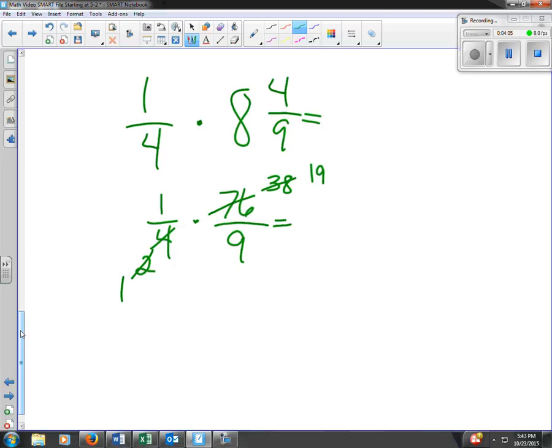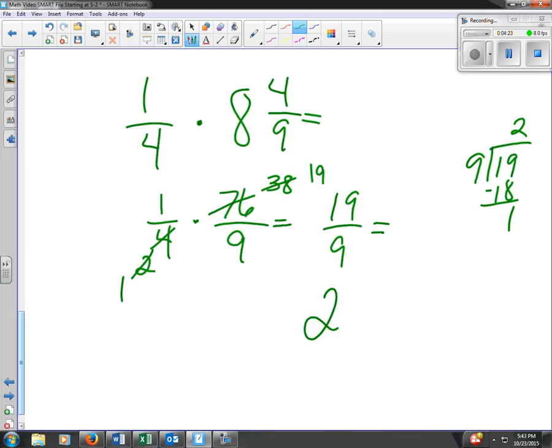So then your answer is 19/9, because it's 1 times 19 is 19, and then 1 times 9 is 9. So 19/9, you simplify, or you have to do the long division. So you do the long division, and you get 2 and 1/9. Okay, 2 and 1/9. Pay attention.